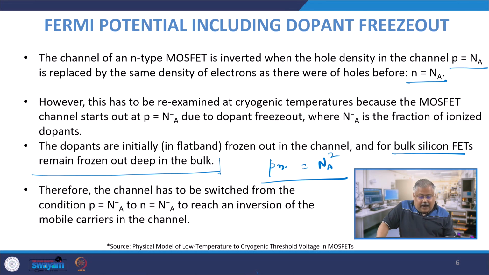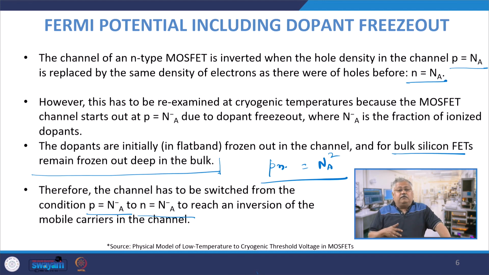Therefore, the last point, if you look carefully, is that the channel has to be switched from P equals Na minus to N equals Na minus, to reach inversion. So, you see it is a p-type semiconductor, and you require electrons near the silicon dioxide interface.